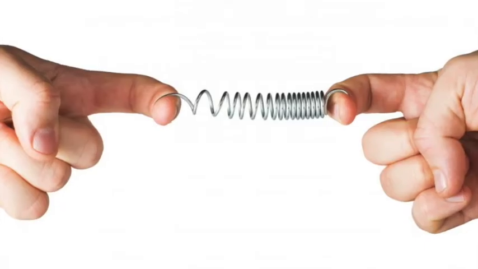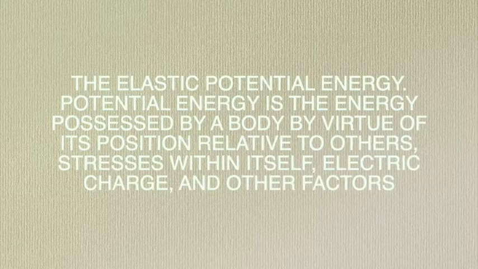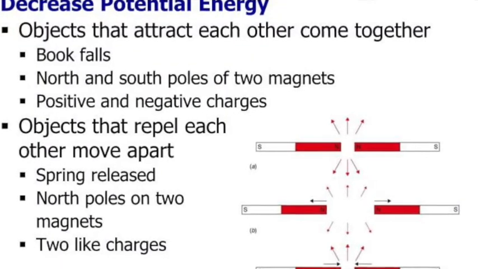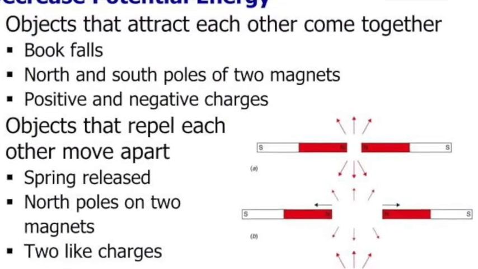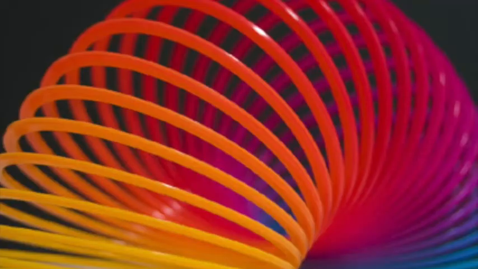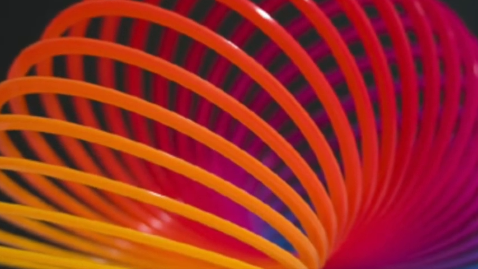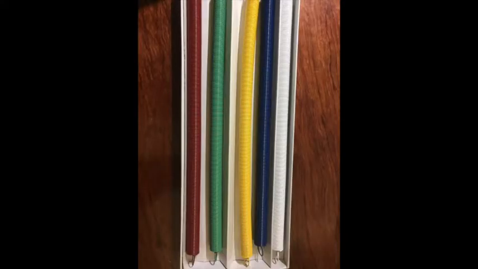Now we will move to the last section of this video, the elastic potential energy. Potential energy is the energy possessed by a body by virtue of its position relative to others, stresses within itself, electric charge, and other factors. So, the elastic potential energy will be the potential energy of elastic objects, such as the spring that we experimented with today.